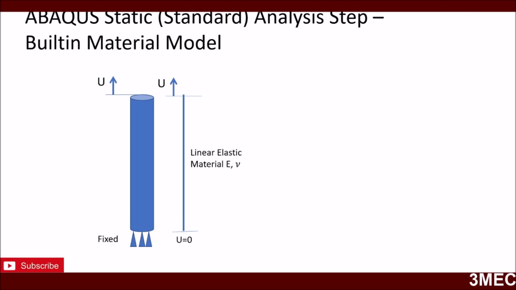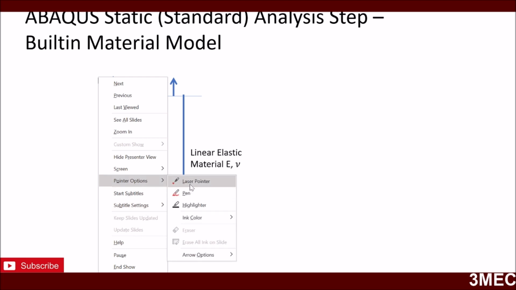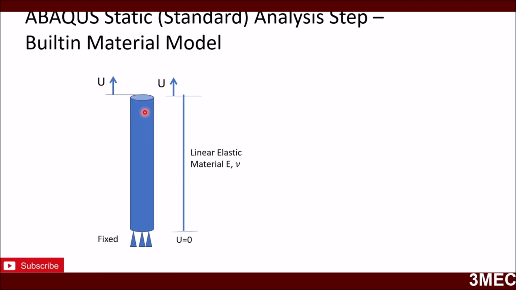Okay, so when you're doing an ABAQUS static analysis for any problem, let's say you have a simple model which is shown, if I can bring my pointer. So if you have this kind of problem where you have a bar which is pulled from one direction in a displacement control test, and it is fixed from the other end, you can model this as a 3D structure and divide it into finite elements, and then define the material properties.